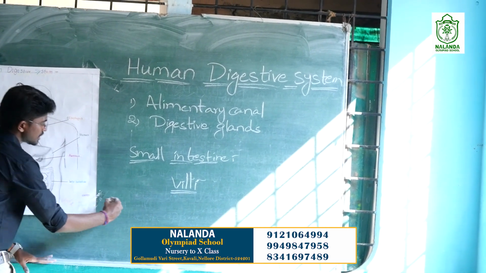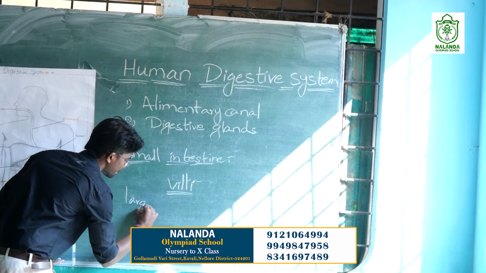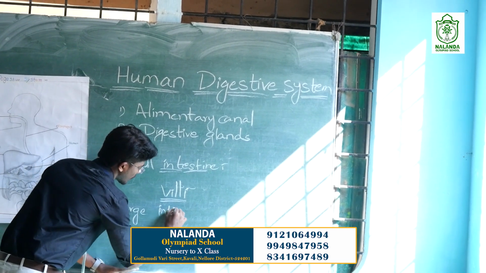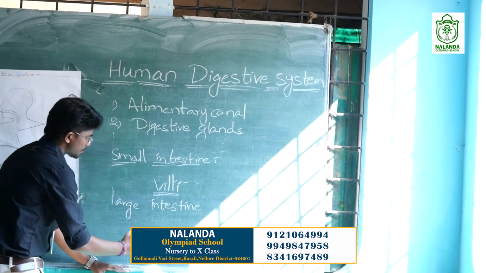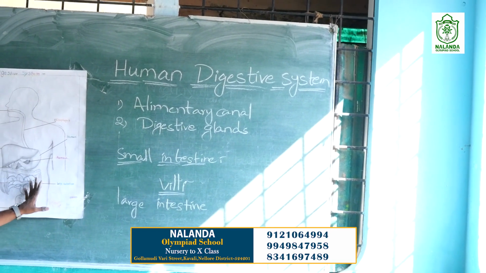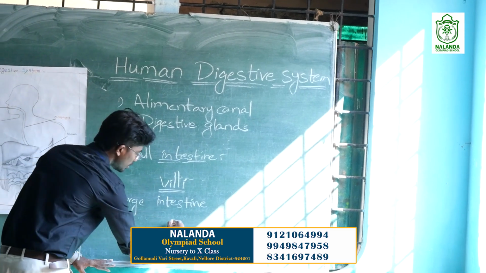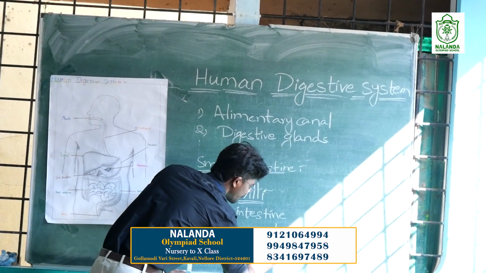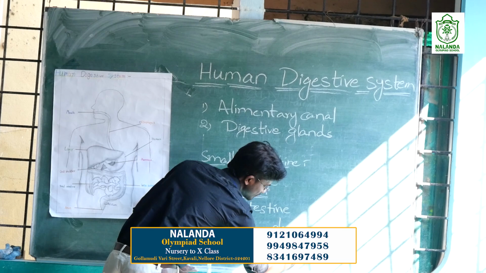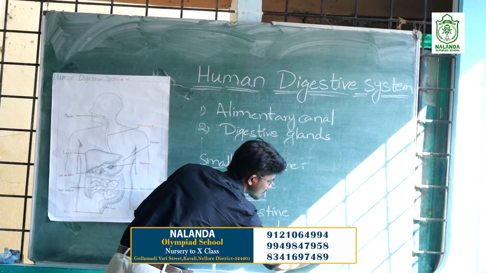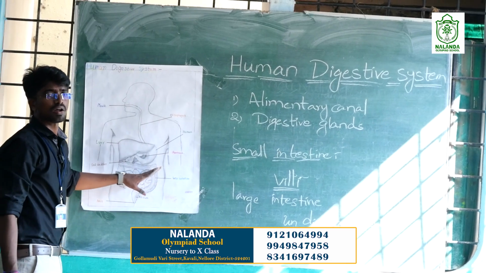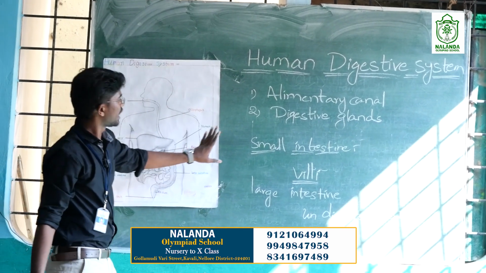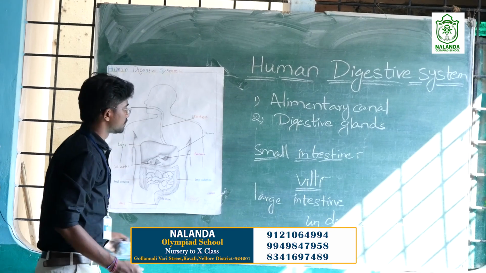And then the large intestine absorbs the salt nutrients and the water from the undigested food. And the remaining food or waste material enters into the rectum.